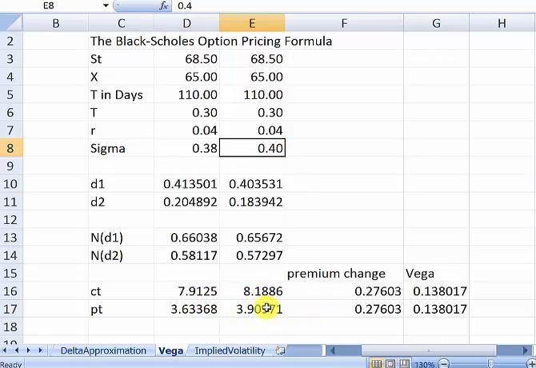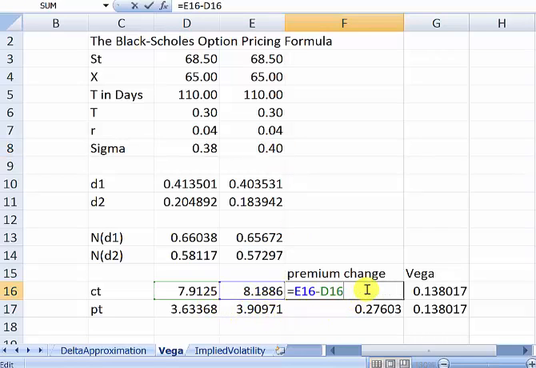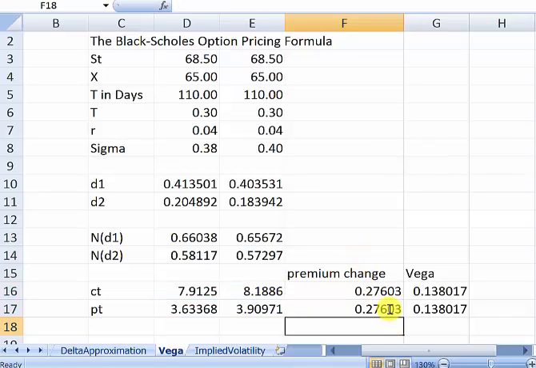Then we can see the premium change. This premium change is the same amount for both call and put. They both increase the option premium by the same amount.